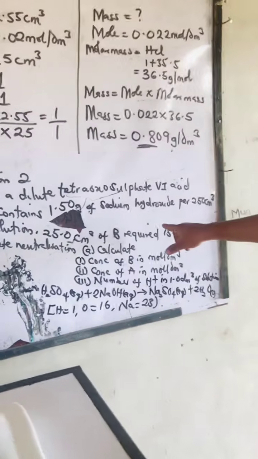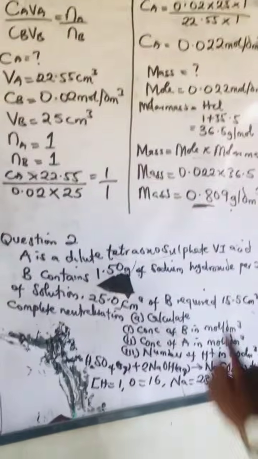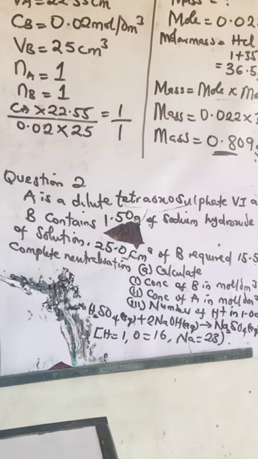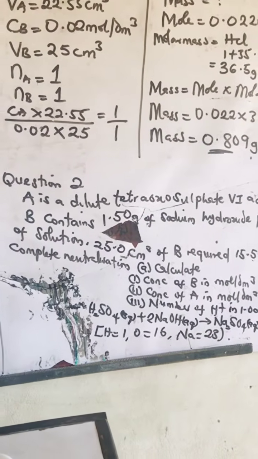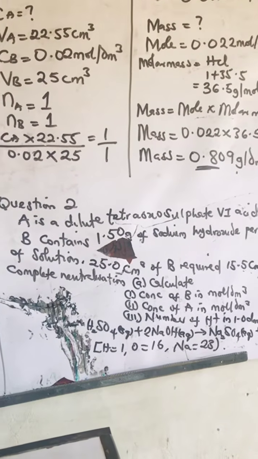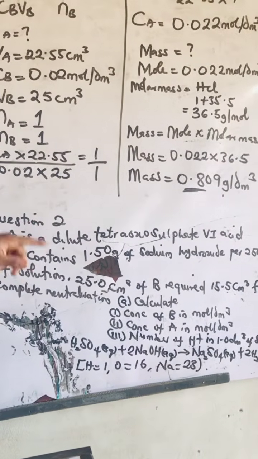Now, the difference between this and the first one is that in the first one, they gave us a table for us to complete. But now look at this second question, it might come in this way. You are not given a table, but the titre value will be in the question. It makes the question even simpler. So for this one, we have the titre value already.